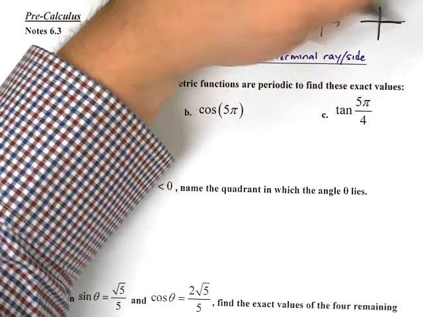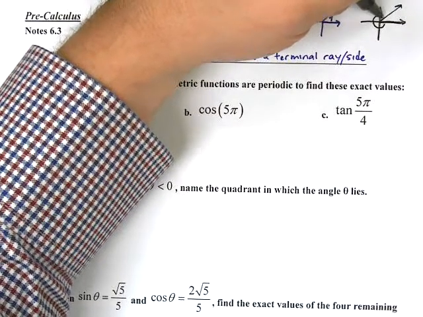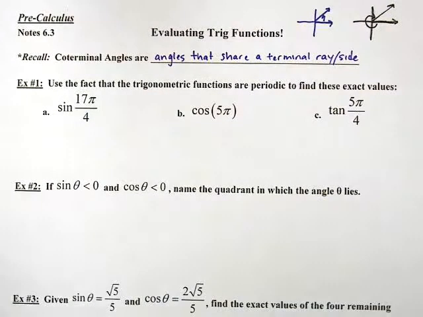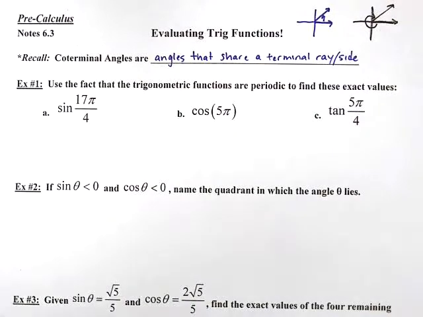If I go straight out, but now I go over here this way, we call those coterminal angles. Why? Because they have the exact same terminal ray, and they have different angles to get there, different paths.